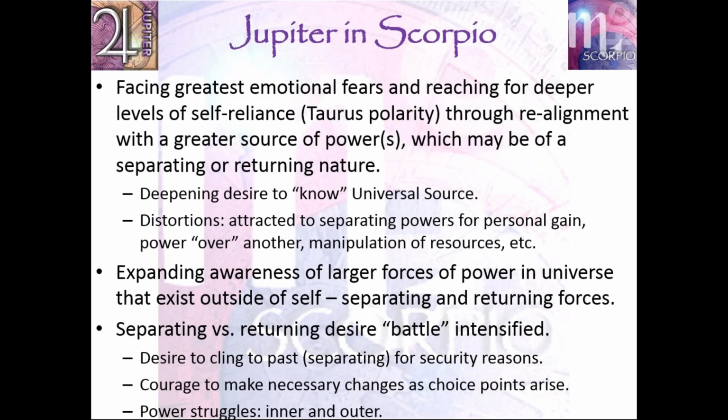And when that law came into being, so did separating and returning forces, what religion would call evil and good. I like to use the separating, returning labels because so many of us can have stigmas and fears, Scorpio, just around the term good and evil.